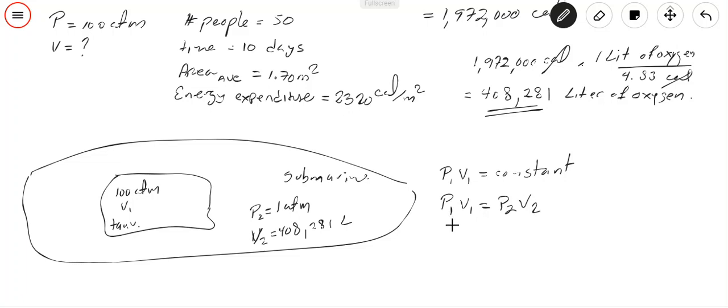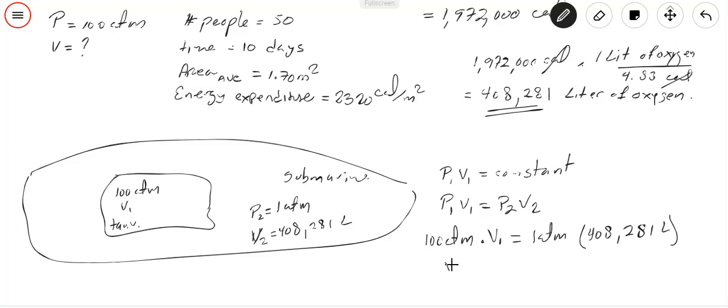So what is P1? It is the pressure in the tank, that is 100 atmospheres, times the volume of the tank that we don't know, equal to the pressure in the submarine, that is 1 atmosphere, times the volume of oxygen that we are going to be consuming, that is 408,281 liters.